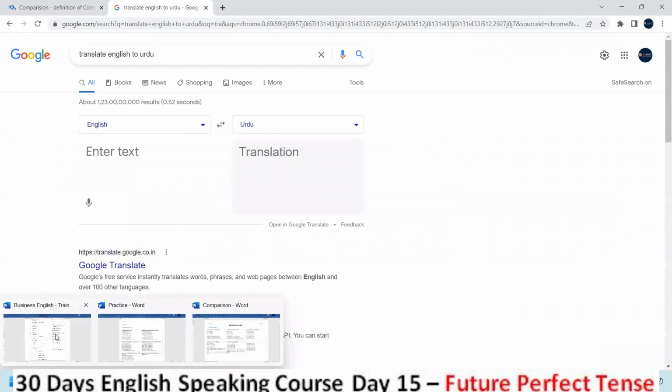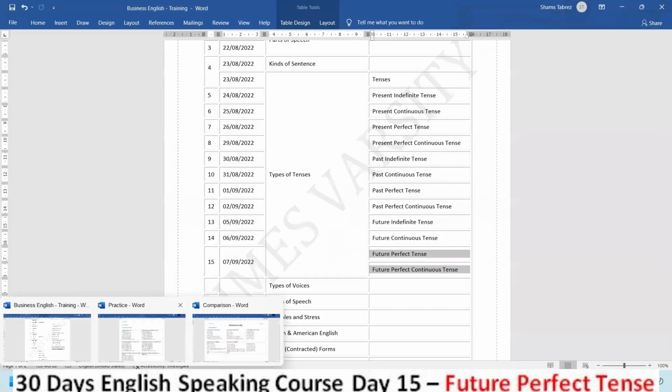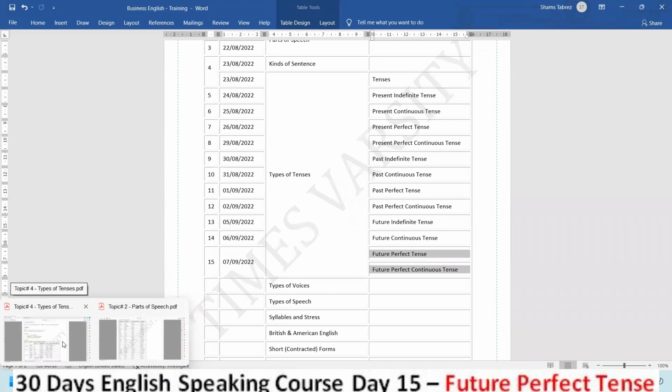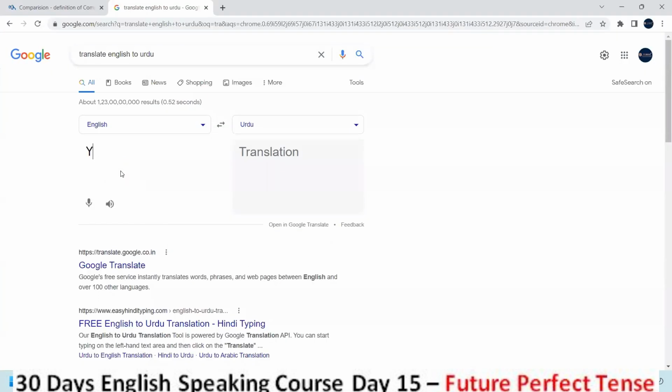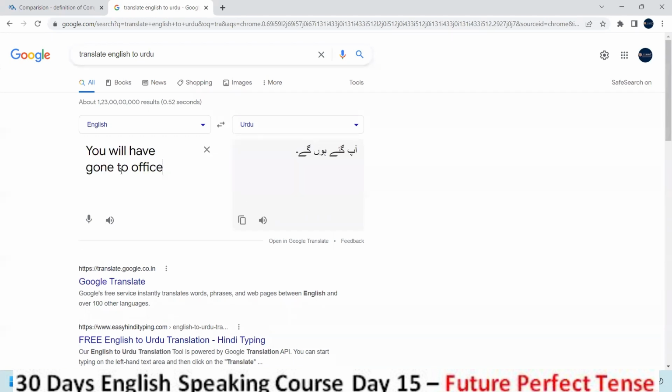Let's copy this one sentence: I shall have gone to office, or let's say you will have gone to office. You will have gone to office. Future. You will have gone to office.